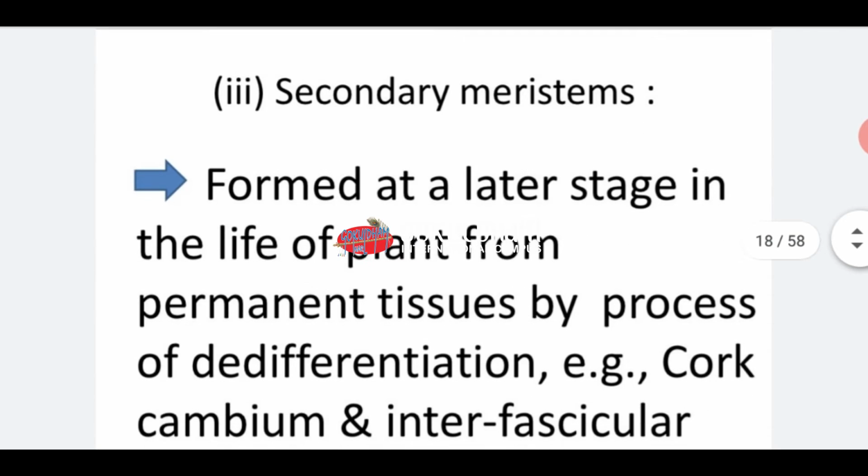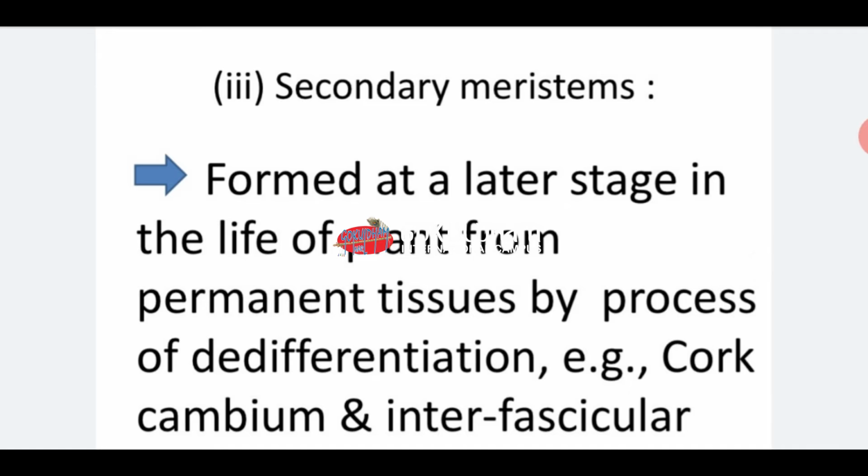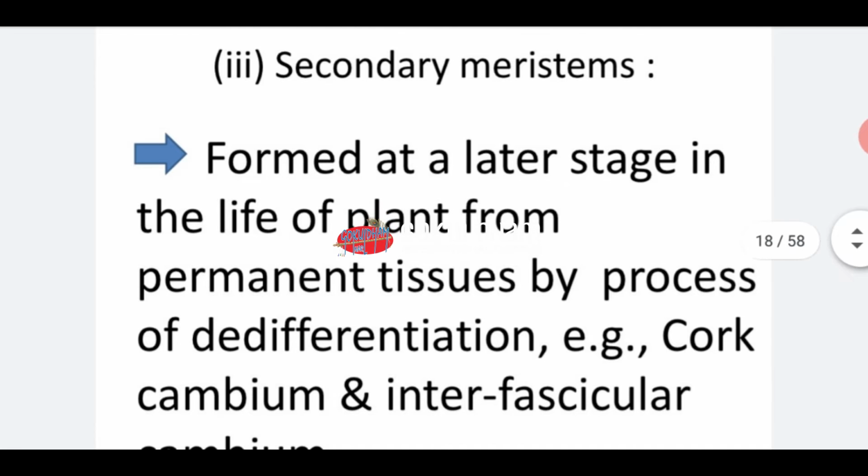Now secondary meristem, which is the third type of meristem on the basis of origin. Secondary meristem is formed at a later stage in the life of the plant.